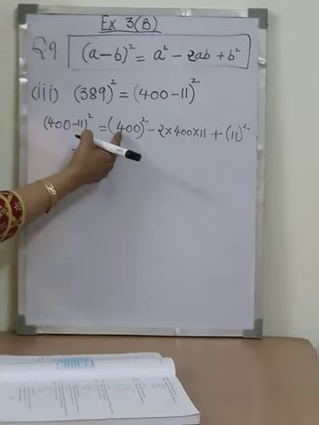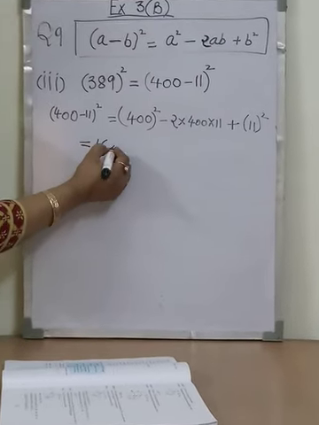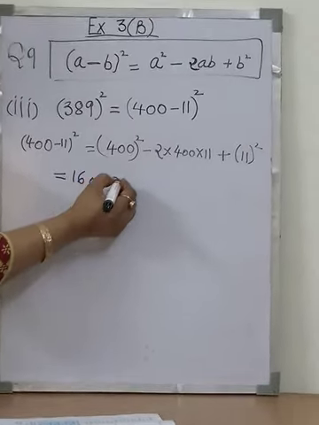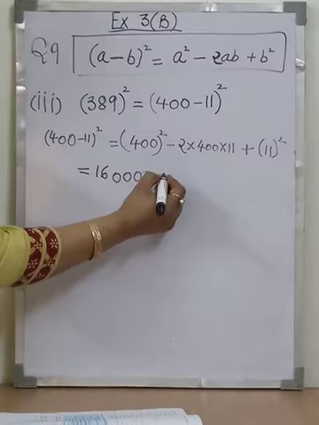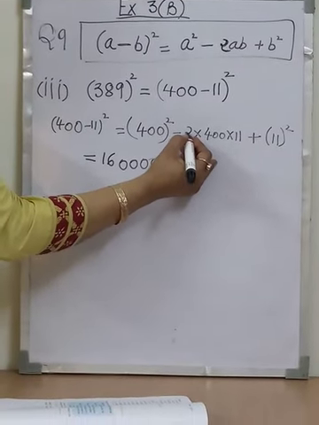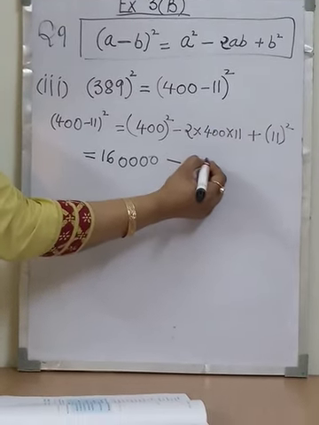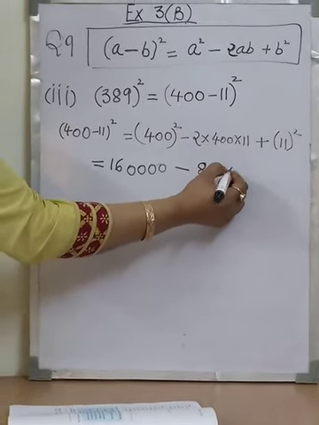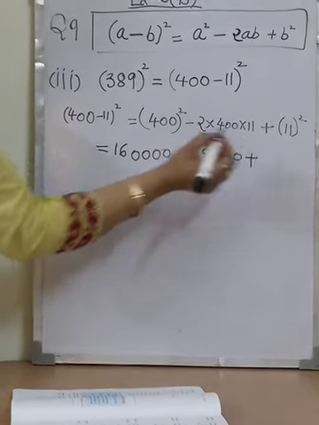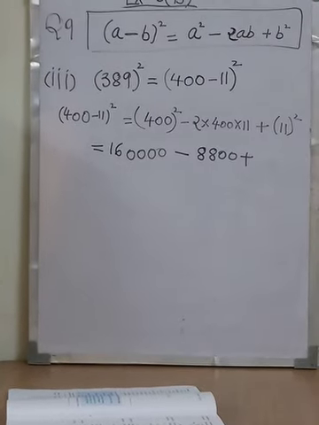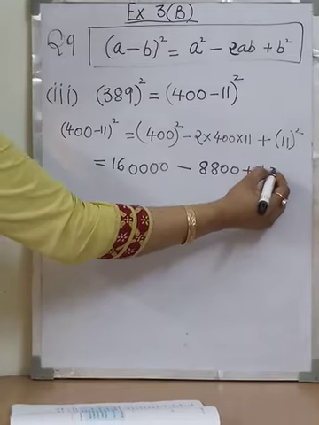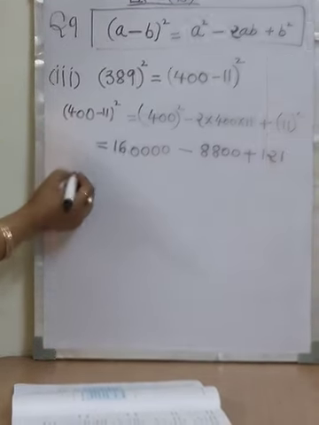Now the square of 4 is 16. The square of 2 zeros will give you 4 zeros. Minus 4 twos is 8. 8 into 11 will give you 88 and 2 zeros. I asked you to learn the squares from 11 to 30. So the square of 11 is 121.